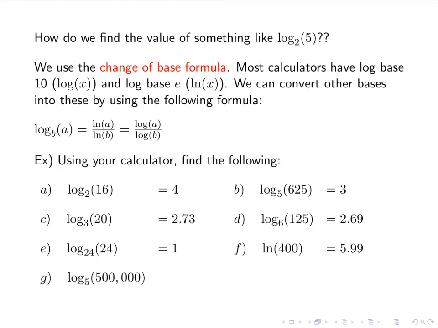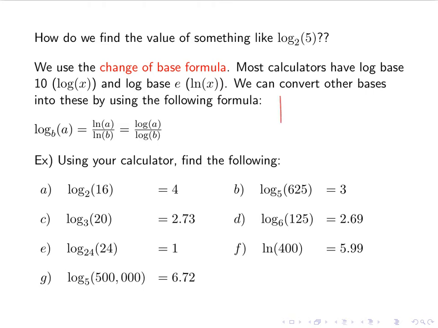Log base 5 of 500,000. So hopefully we know this is going to be a sort of higher number, right? I need to multiply 5 quite a few times to get to 500,000. So let's plug it into our calculators. Log of 500,000 divided by log of 5, or ln of 500,000 divided by ln of 5, and we get 6.72.